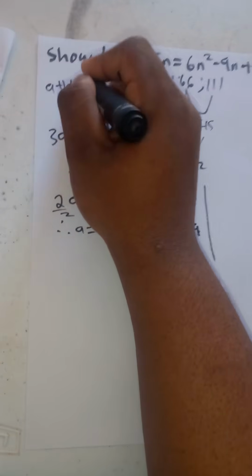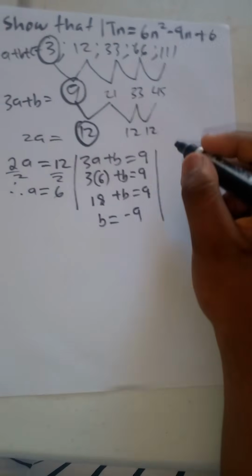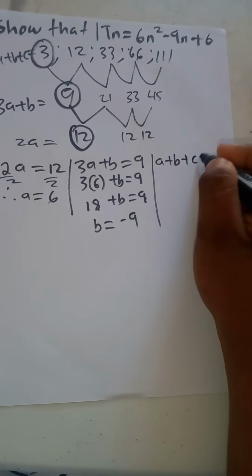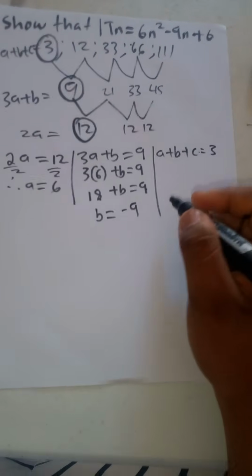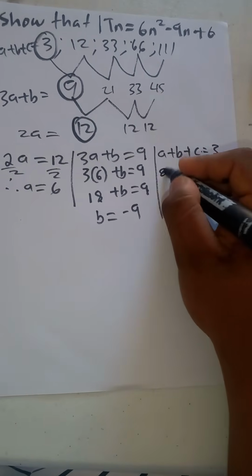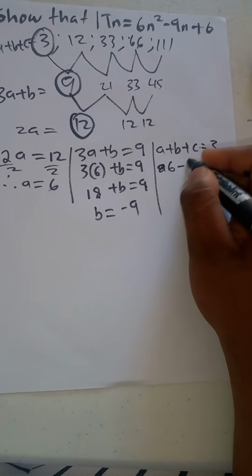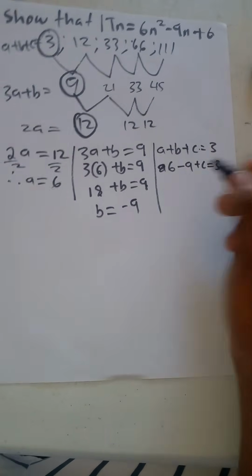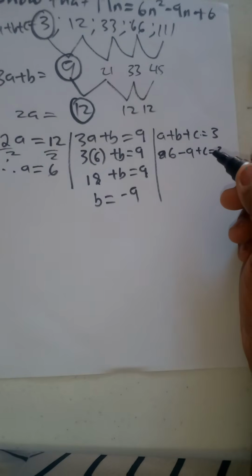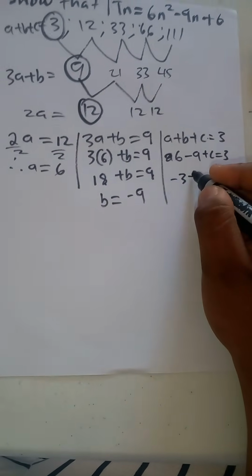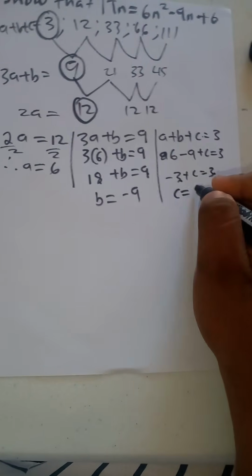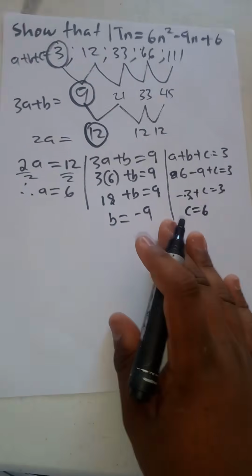The last one, a plus b plus c, is equal to the first term of the sequence. So a plus b plus c is equal to 3. Where there is a, I put 6, and b is minus 9, plus c, which is equal to 3. 6 minus 9 is minus 3, and then minus 3 plus c is equal to 3. 3 plus 3 is equal to 6, since I took that 3 to the other side and it changes the sign.